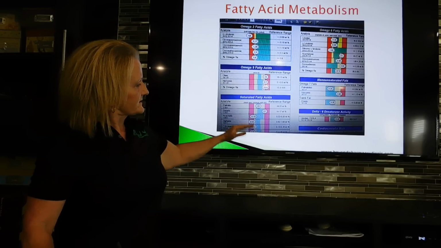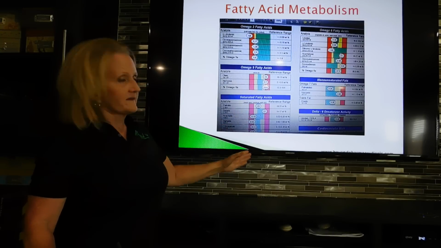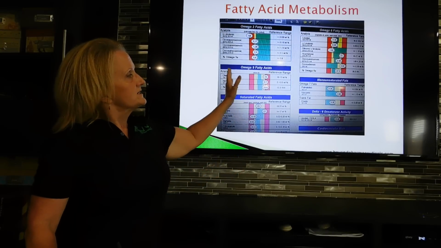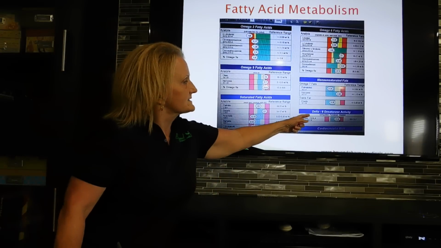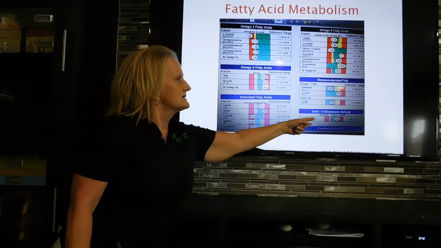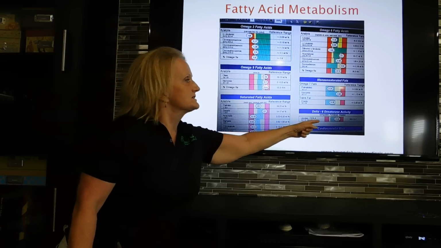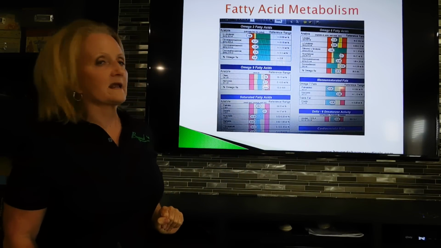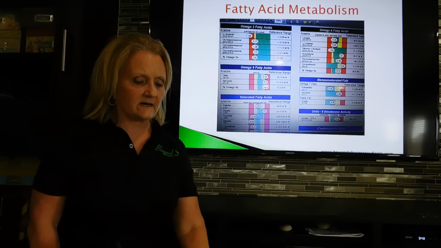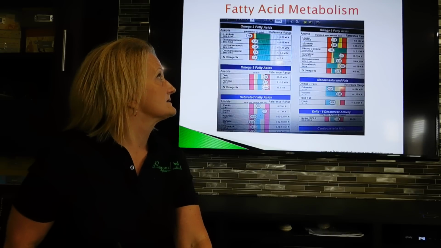I cut off the bottom of this slide, I'm sorry about that, but all of these were low all the way to the bottom. So she basically has an overall fatty acid deficiency. And then this delta-6 desaturase is the marker for zinc deficiency, and she's somewhat high there, and that's really important in fatty acid metabolism and antioxidant protection of the fatty acids.